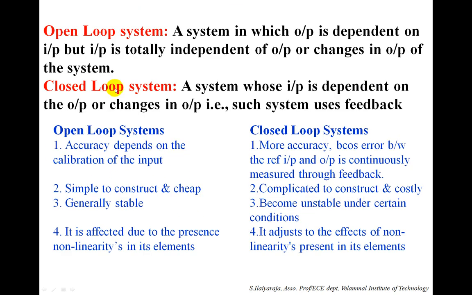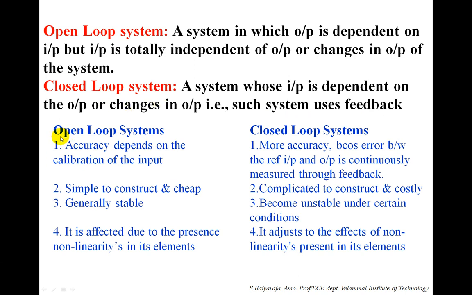We have a definition of open loop and closed loop control system. An open loop system is a system in which output is dependent on the input but input is totally independent of output or changes in output of the system. A closed loop system is a system whose input is dependent on the output or changes in output. Such a system uses feedback, which is called a closed loop system.